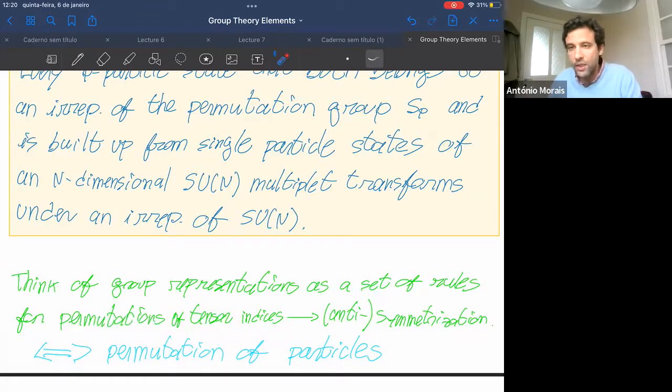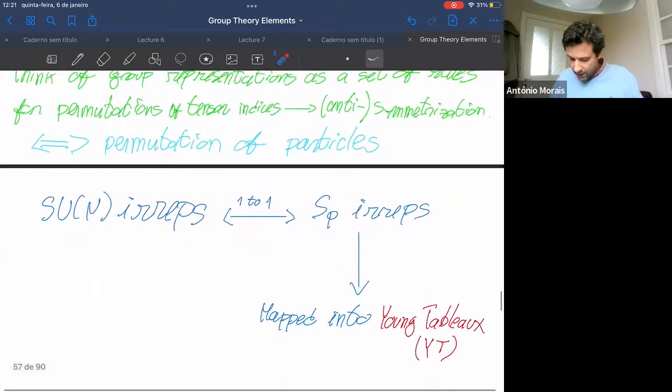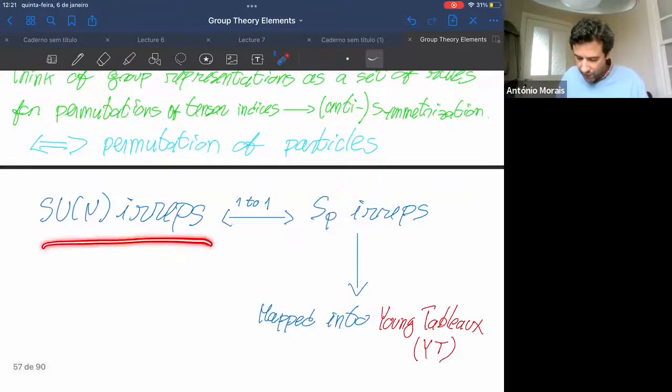This is what leads to anti-symmetrization or symmetrization, which is equivalent physically. We are talking about how particles transform into each other, or basically how we permute a particle within a given state, and what that leads towards. So this is a map, let's say. We have SU(N) irreps, which are in a one-to-one correspondence with the S_p irreducible representations.